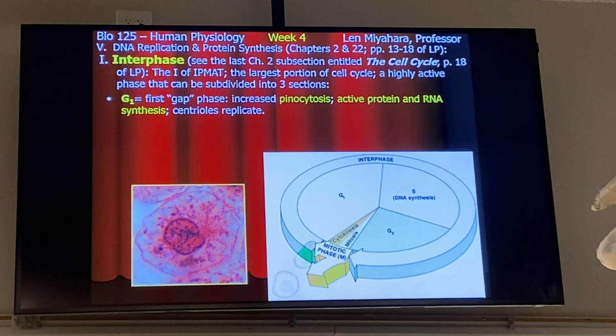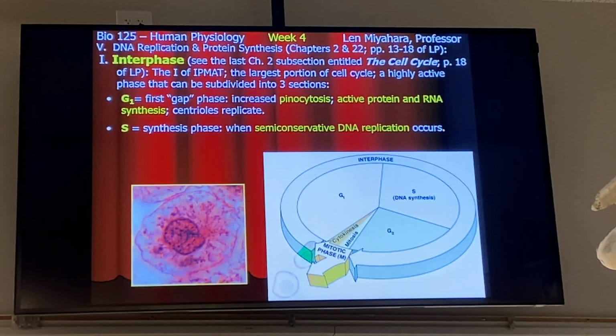And the centrioles will actually replicate right after cell division. Remember, the centrioles set up the poles for the dividing cell? Well, when the cell divides, each one only has one pair. But you need two pairs to divide the cell, so that'll replicate right away. S is when that semi-conservative thing happens.